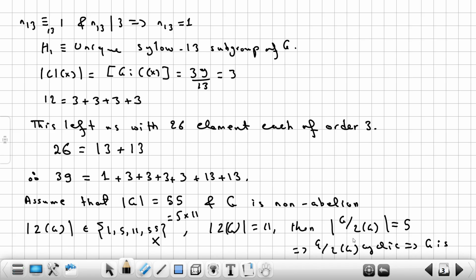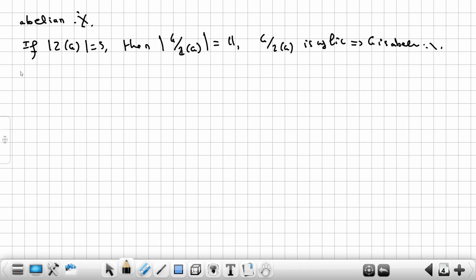So we have only one possibility, which is 1. The order of the center subgroup is equal to 1.